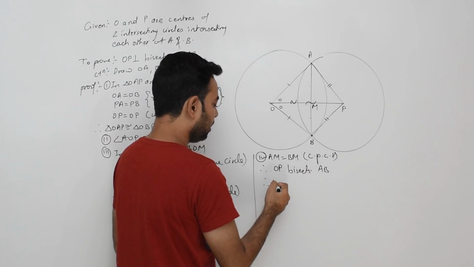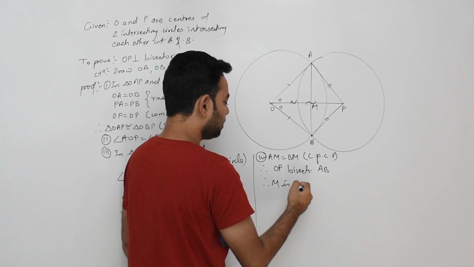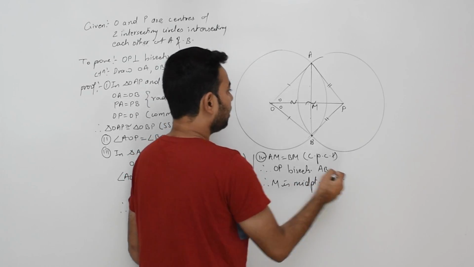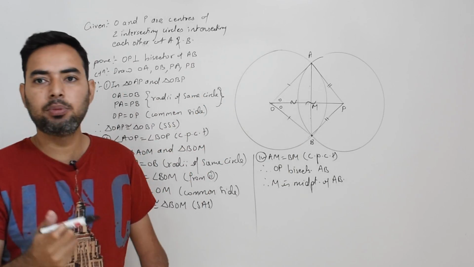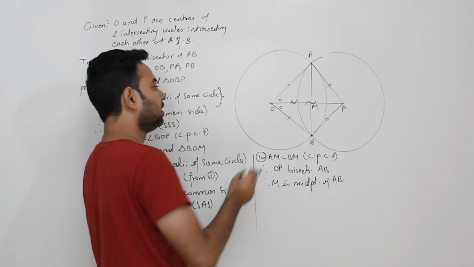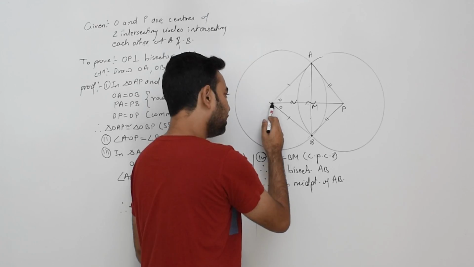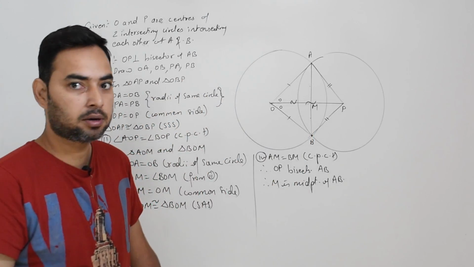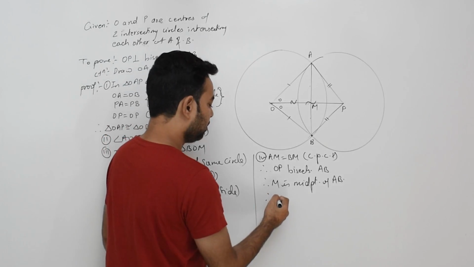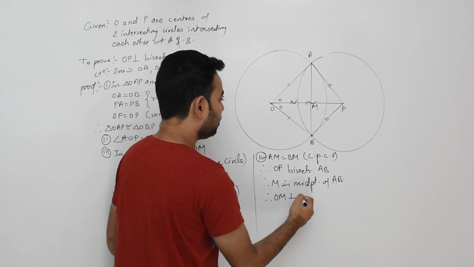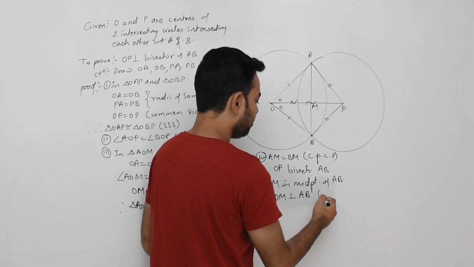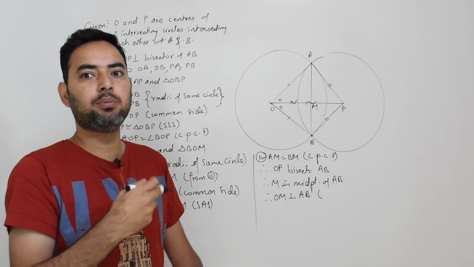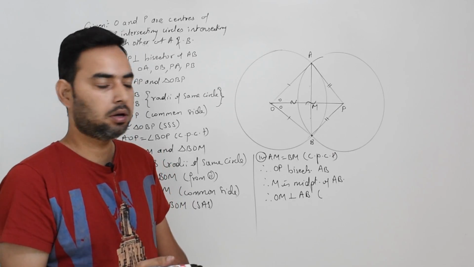Therefore M is the midpoint of AB. If M is the midpoint of AB, it means that this is a line segment joining the center of a circle to the midpoint of the chord, then it is perpendicular to the chord. Therefore, OM is perpendicular to AB because the segment joining the center of a circle to the midpoint of the chord is perpendicular to the chord.